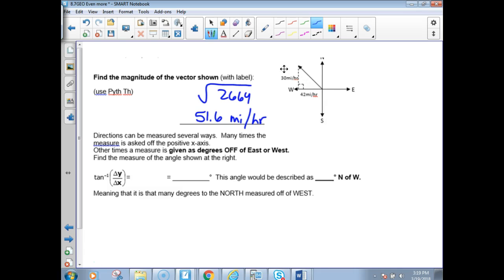All right, so up here, this is my change in y. This is my change in x horizontally. So I'm going to find that angle by saying change in y is 30. Change in x is 42. I'm plugging those in here, which means I'm going to type second tangent of 30 divided by 42.